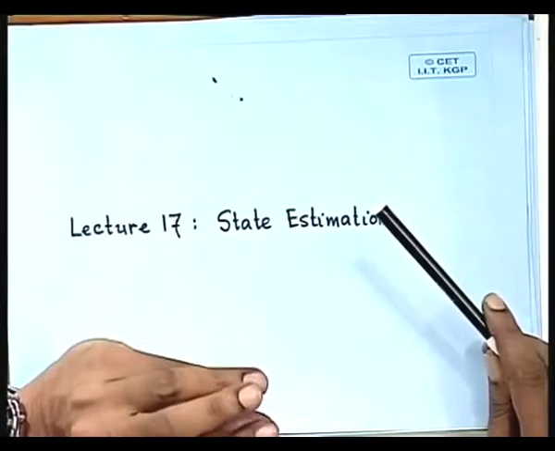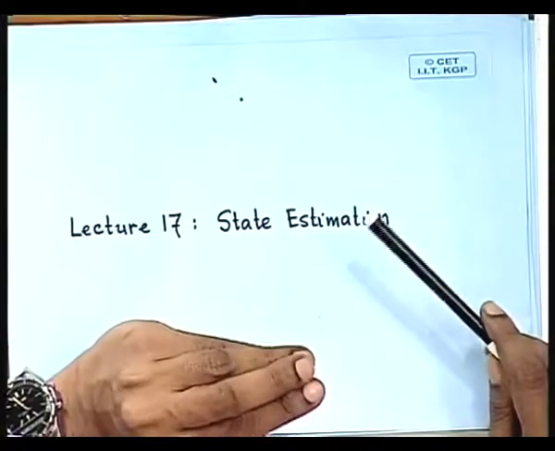Coming back to the target tracking example, we are getting measurements only of position, but we are interested in knowing not only an accurate value of the position, but also of the other states of the system, that is the acceleration and the velocity. So from a set of measurements which are a combined expression of the states, we want to get the states.